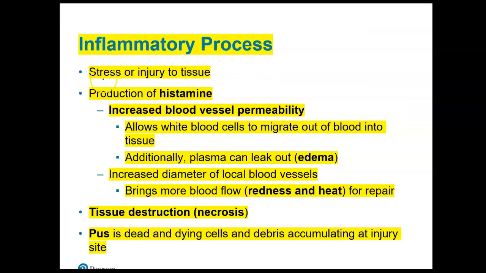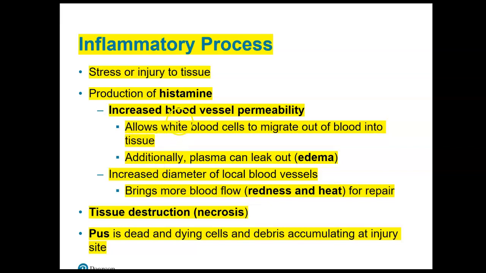All right, then we have the inflammatory process. First you're going to have some kind of injury to a tissue, and those tissue cells are going to produce histamine, which leads to increased blood vessel permeability, and that allows white blood cells to migrate out of the blood into the tissue. The word for this, remember, is diapedesis.